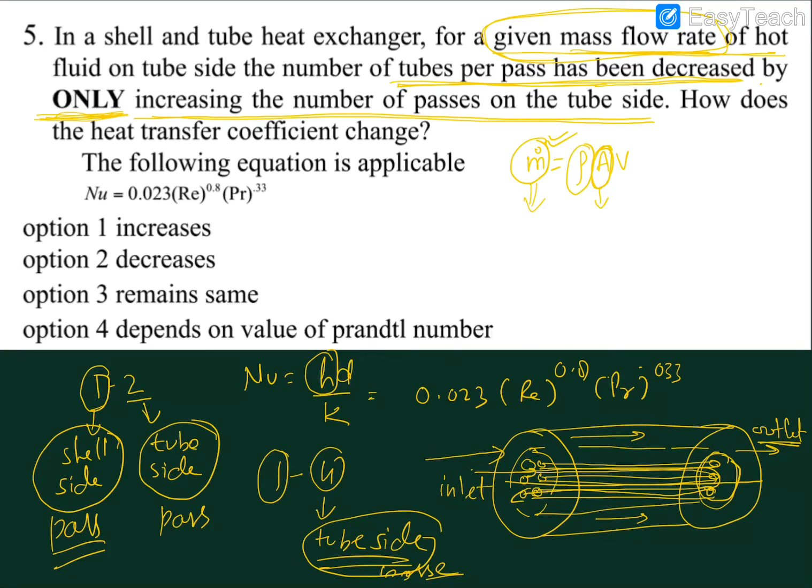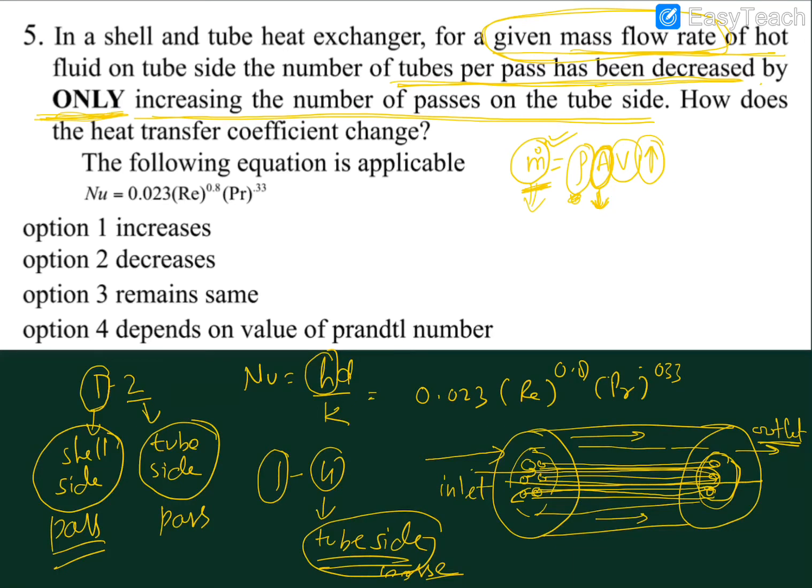So to keep this value constant, since area has been decreased because the number of tubes per pass has been decreased, you have to increase the velocity. The velocity will increase by this.